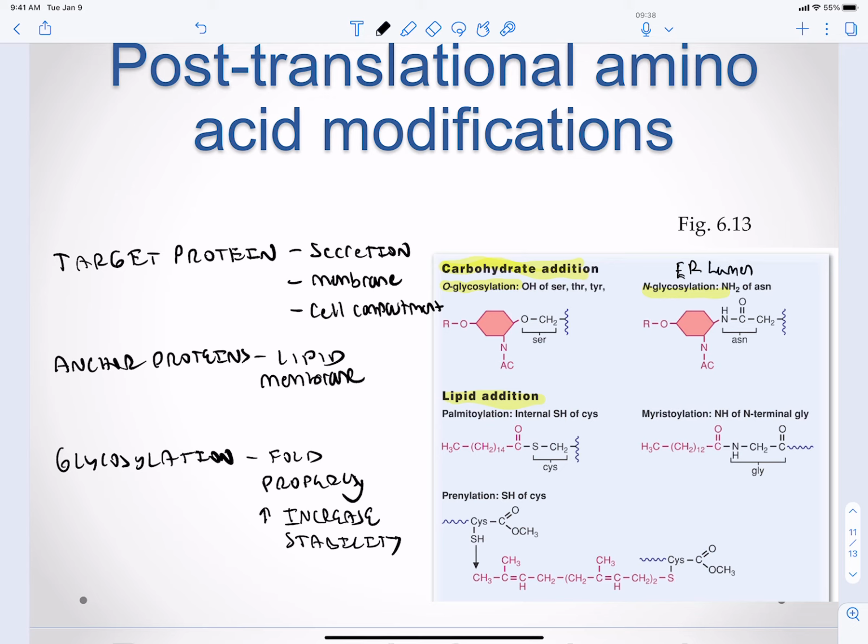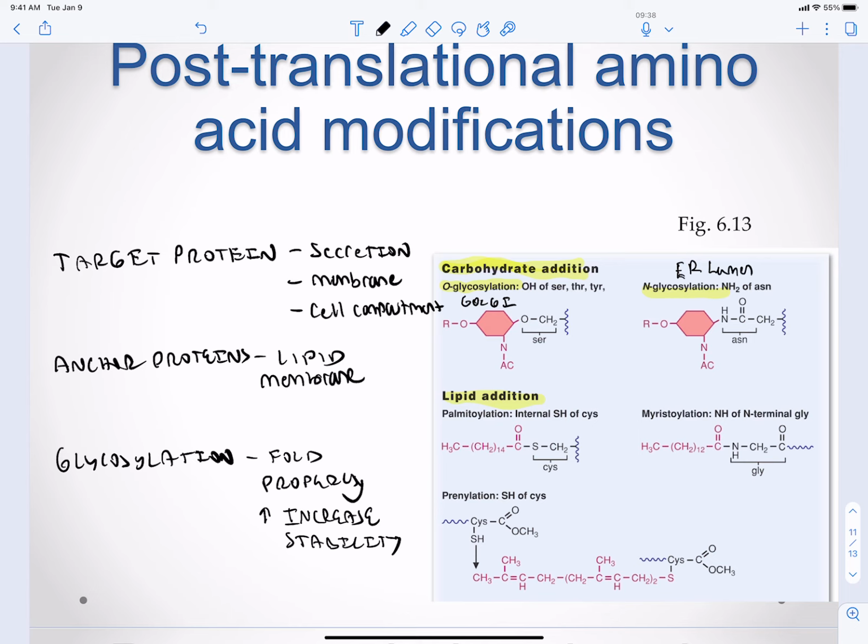And then O-glycosylation occurs in the Golgi. Now, the glycosylation is going to be highly regulated. Only certain amino acids can be glycosylated, and so therefore only certain proteins that have the amino acids in the right locations can get glycosylated.